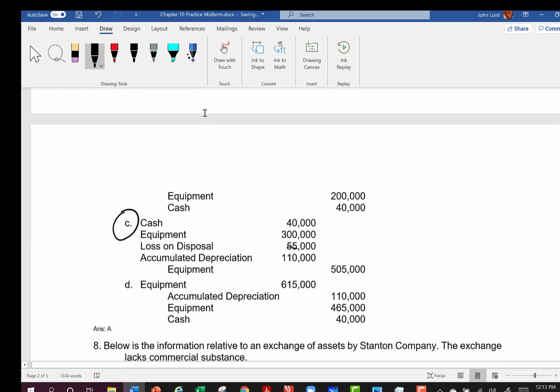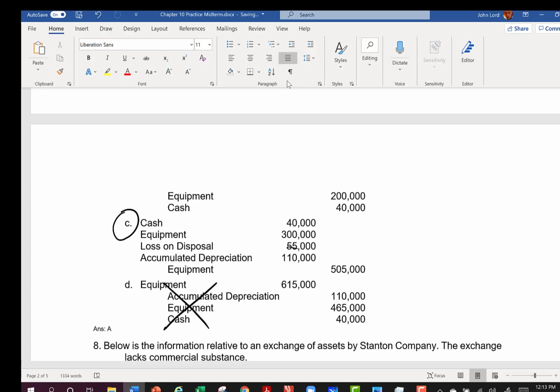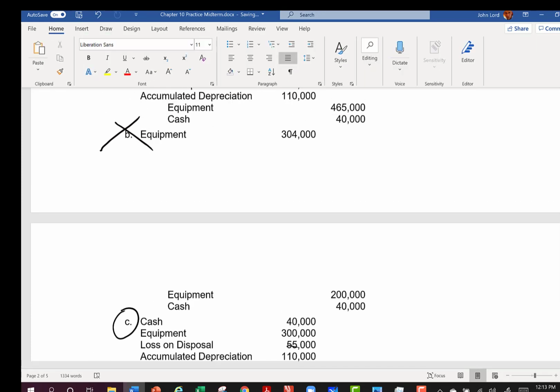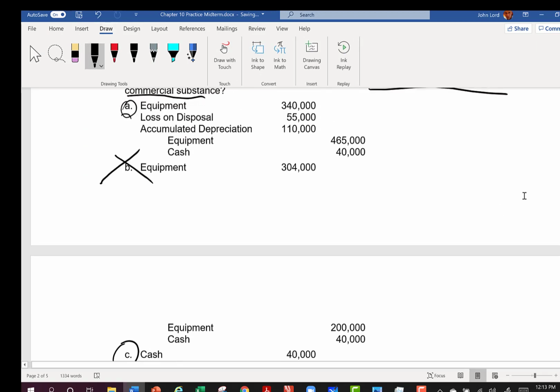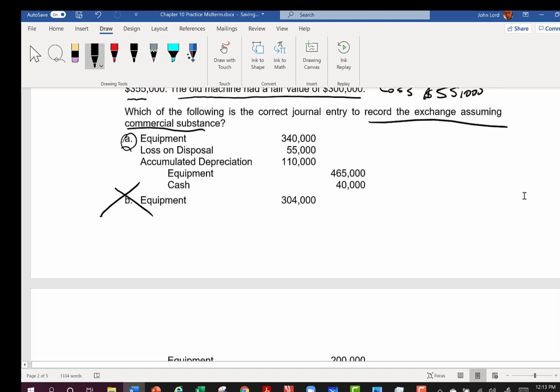You look at D, there's no loss there. It cannot be the right answer, okay? So even if you get confused on this question while you're taking the exam, you can turn a 1 in 4 chance into a 50-50 chance just by realizing that you always have to take the loss, okay? But let's go ahead and now continue on with this and see if we can figure out the rest of this journal entry, okay?